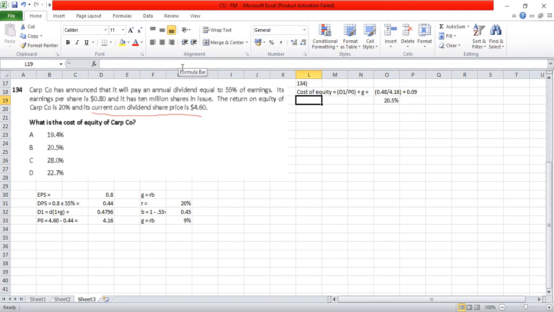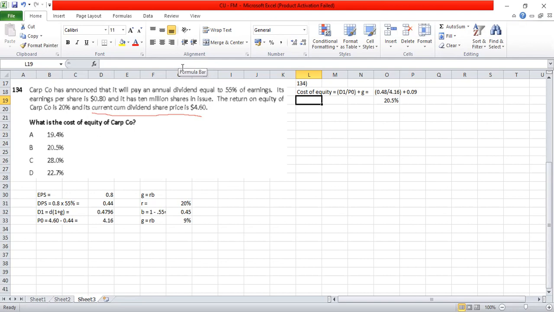Taking the earnings per share, 55% is paid as dividend. So that comes up to 0.44. Then D1 is calculated as dividend into 1 plus growth rate. But the growth rate is not known to us, so we started working out the growth rate. Growth rate is equal to R into B. R is the return on equity, which is 20%. B is the retention ratio.